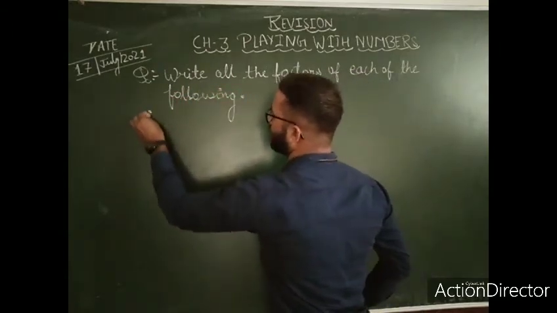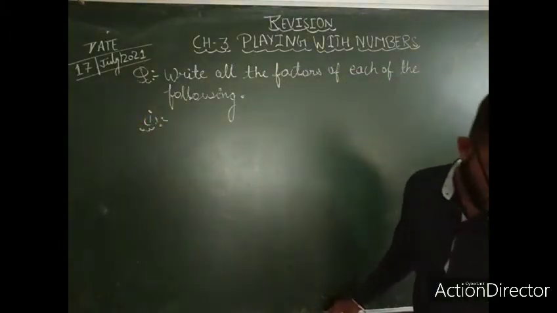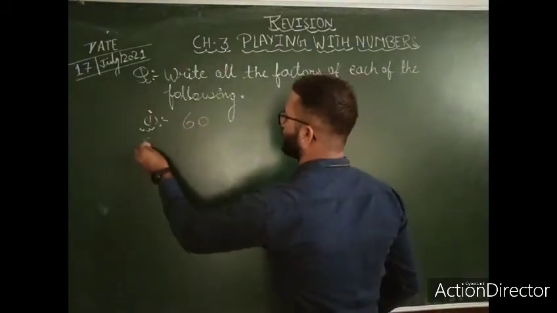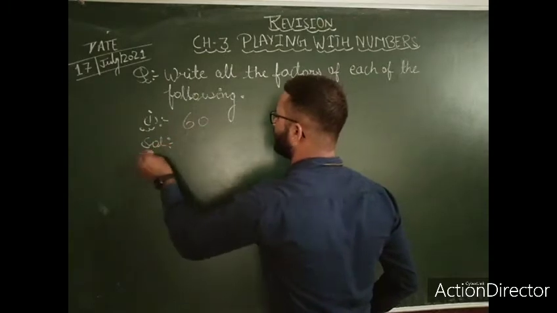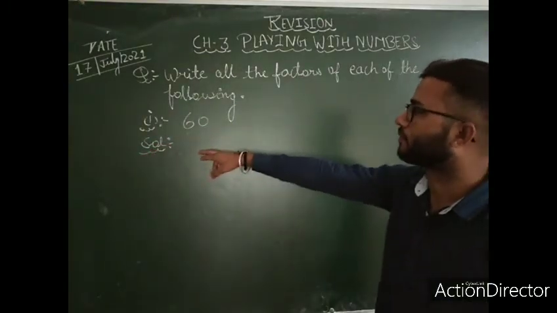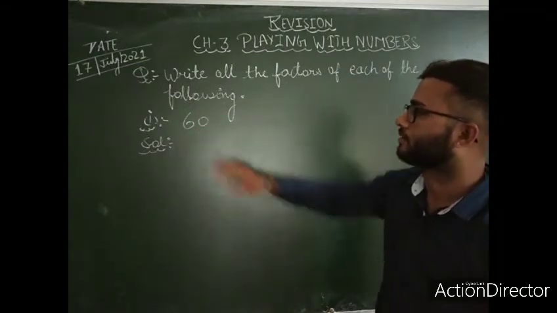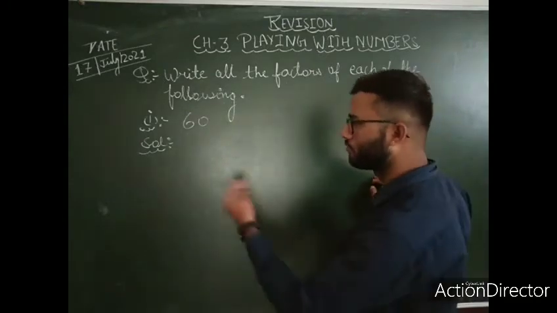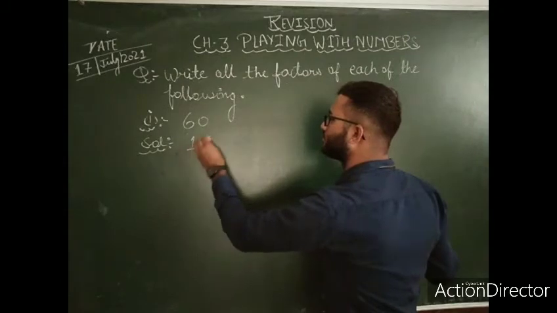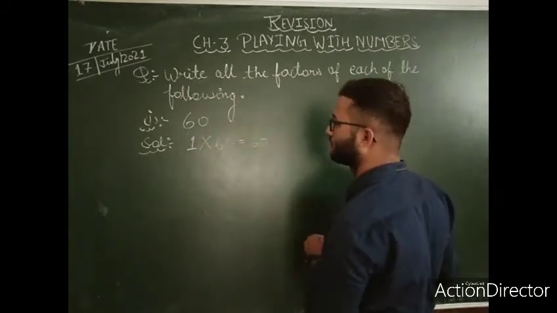Okay, now we take the first part of this question, and the number is 60. Here we find two numbers which multiply with each other and give a product of 60. So we start from 1. 1 multiplied by 60, we get 60 as a product.